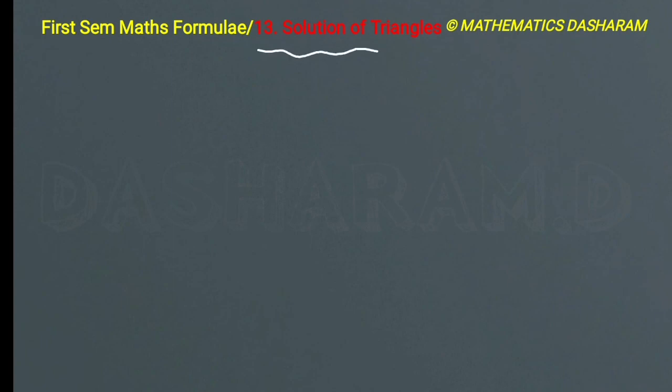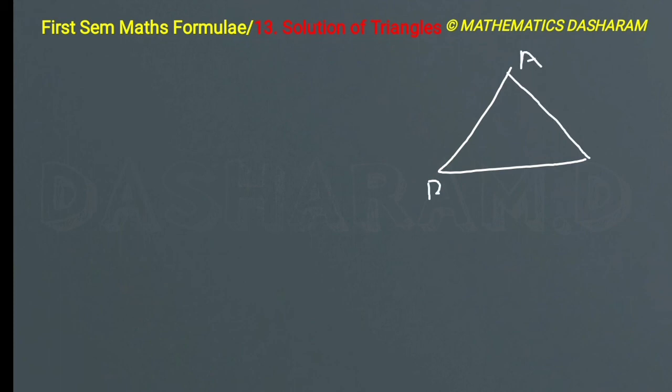13th chapter, solution of triangles. In a triangle ABC, there are three angles: angle A, angle B, angle C, and three sides: small a, small b, small c.